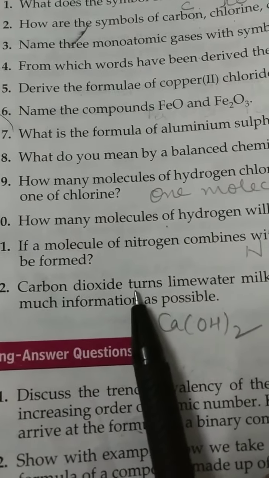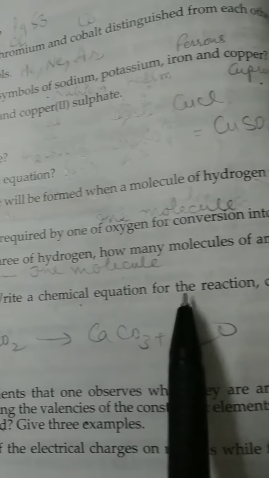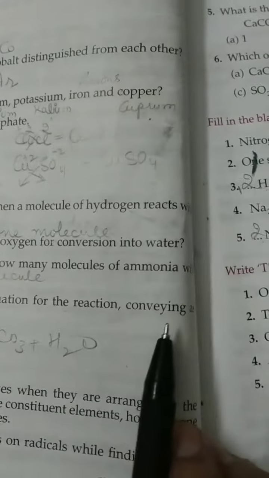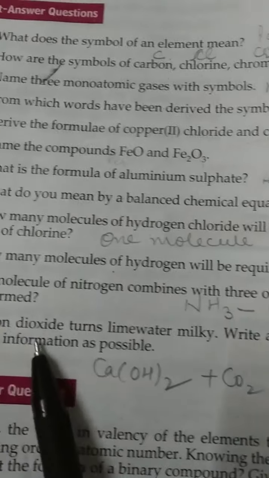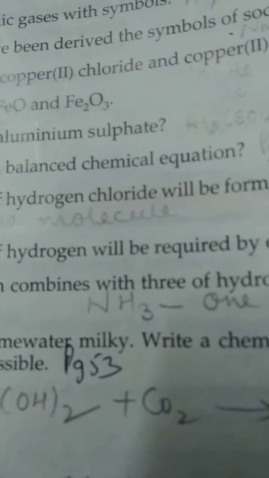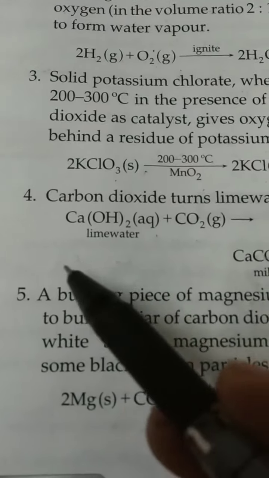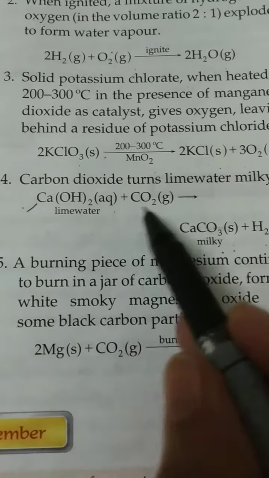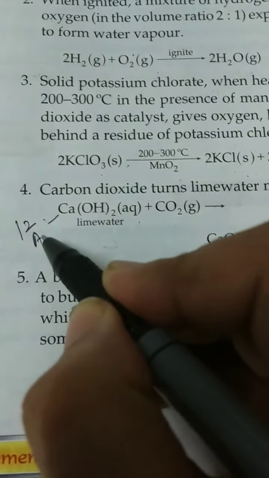12th, carbon dioxide turns lime water milky. Write a chemical equation for the reaction conveying as much information as possible. See page number 53, fourth example. This reaction you will write for the 12th question.